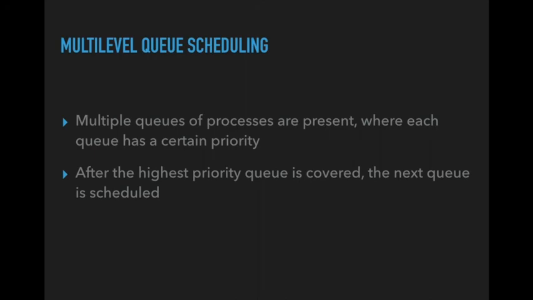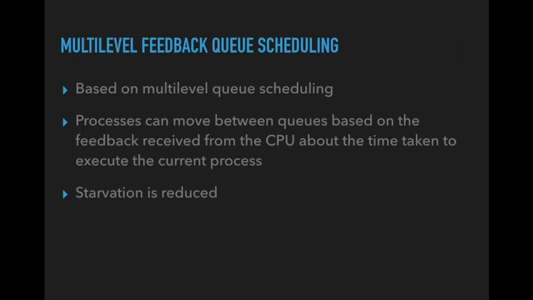Next, we move on to multi-level feedback queue scheduling. It allows processes to move between queues. So if a process is taking too long, for instance, it can be moved to a lower priority queue and the other processes can carry on. So multi-level queue scheduling will suffer from starvation from time to time.